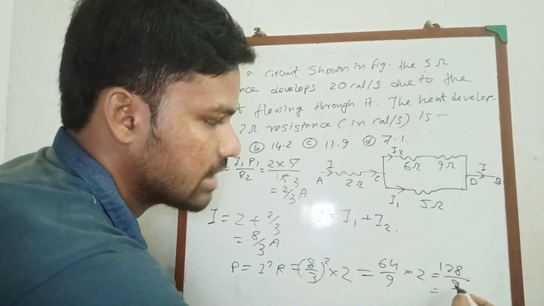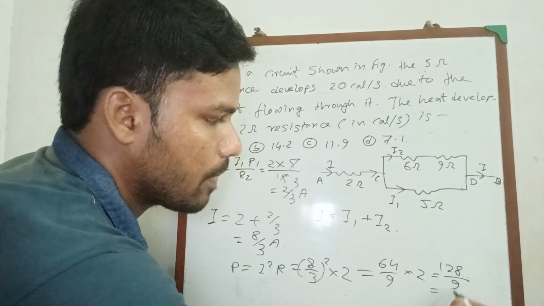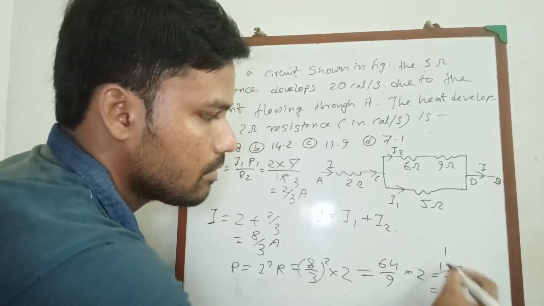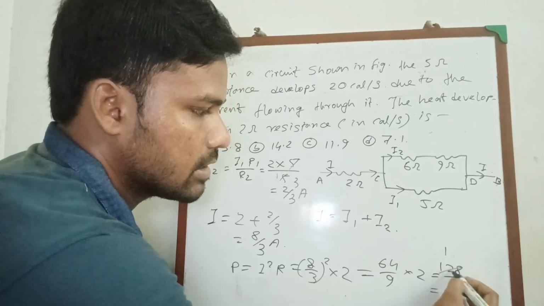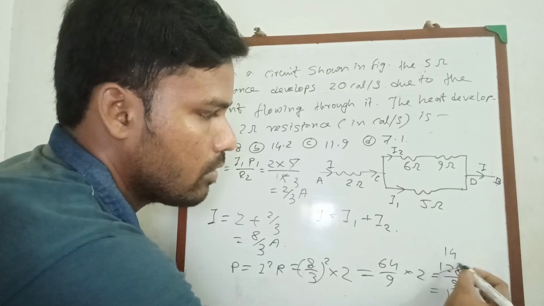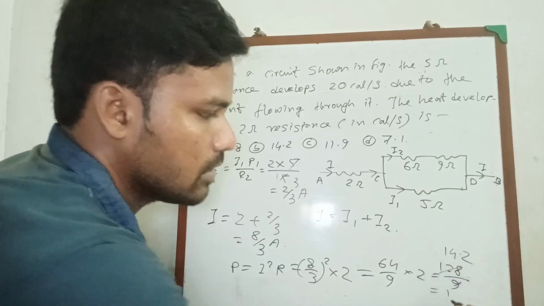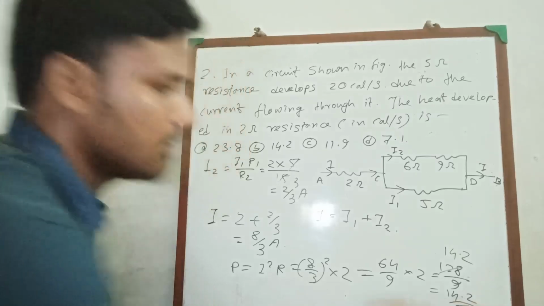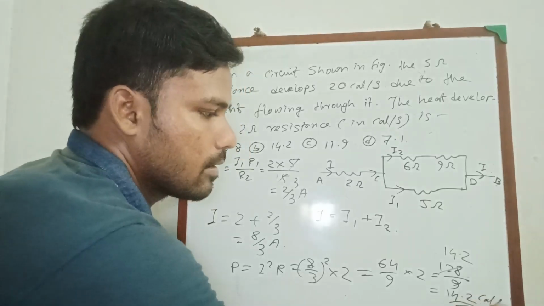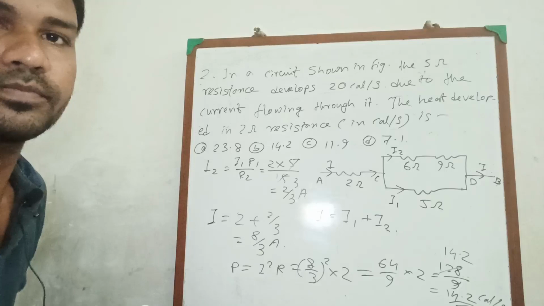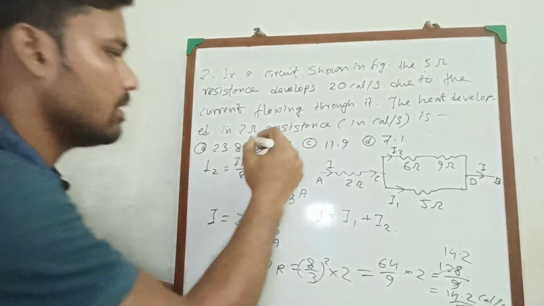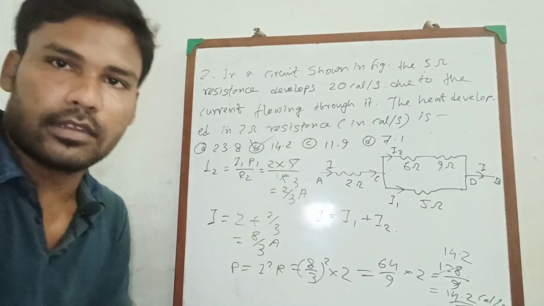So you can just calculate here, that is 14.2 calorie per second, right? 14.2, that means option B is our correct answer.